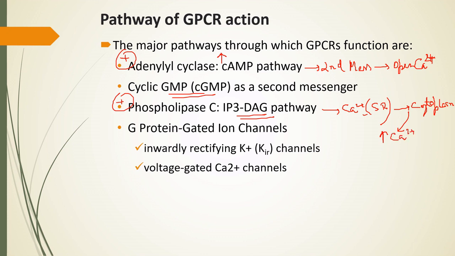Also, some of the ion channels are G protein gated. The two most important channels are the inwardly rectifying potassium channels found in the heart, and also the voltage gated calcium channels.